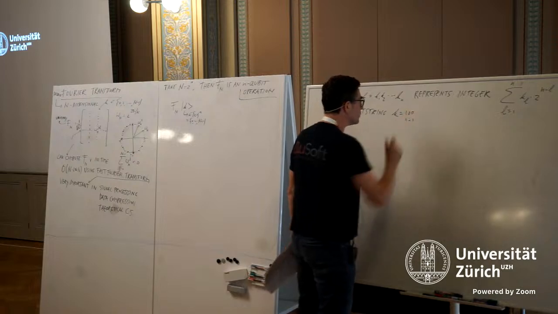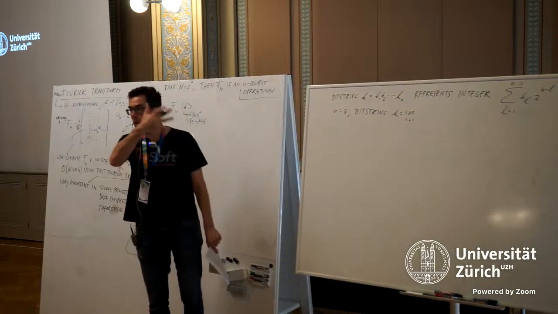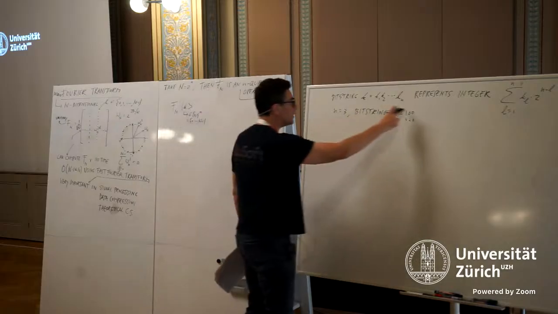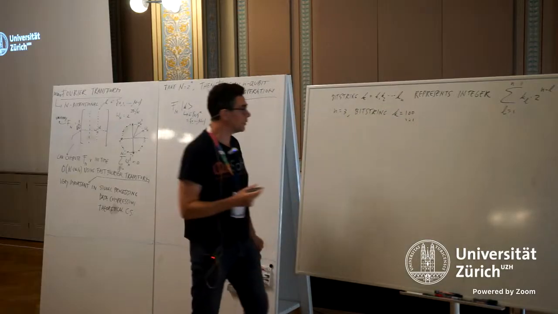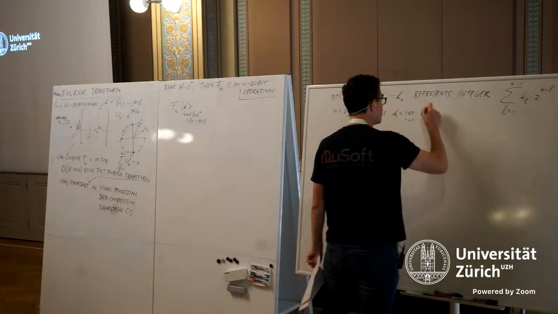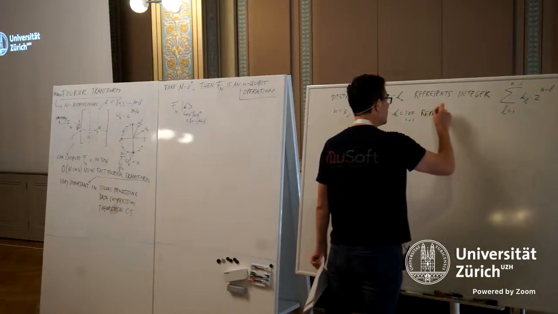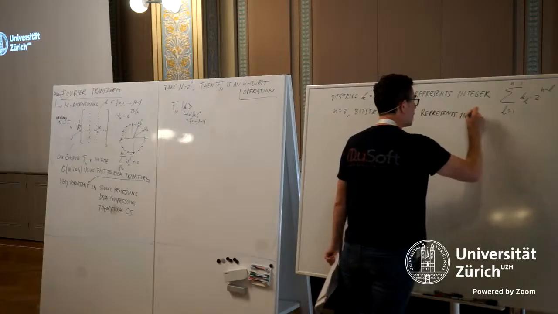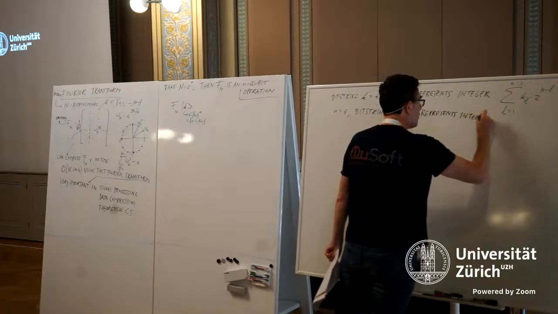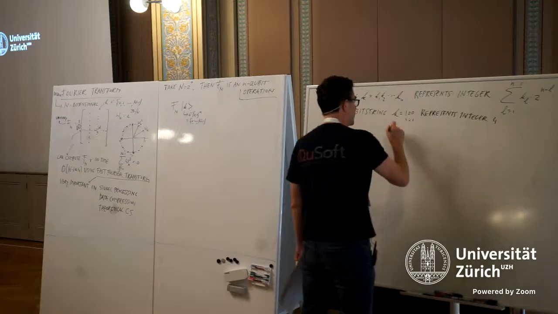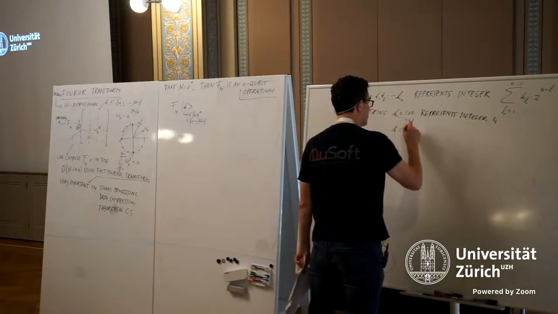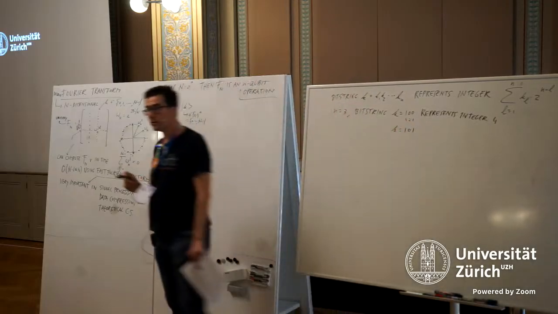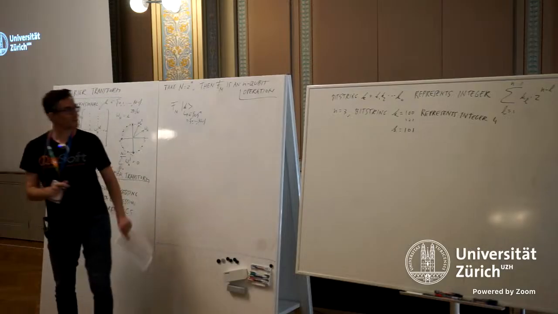The third bit corresponds to 1. And out of these powers of 2, the only one that is present in this number is the first one. So this represents the integer 4. Let's take another example. k equals 1, 0, 1. Which integer does this represent? Hint. This is 5.